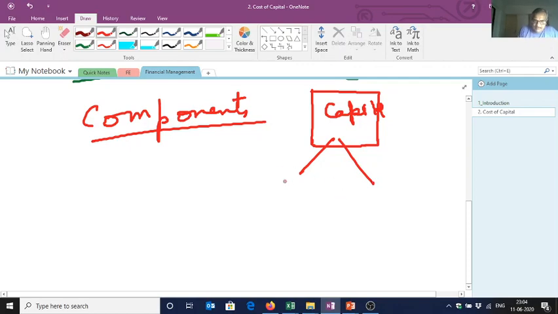One type of capital is procured from the owners and is known as owned capital, and the other part, which is taken in the form of borrowings, can be termed borrowed capital.